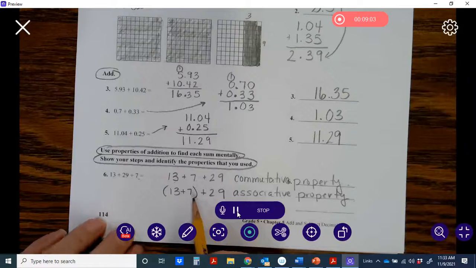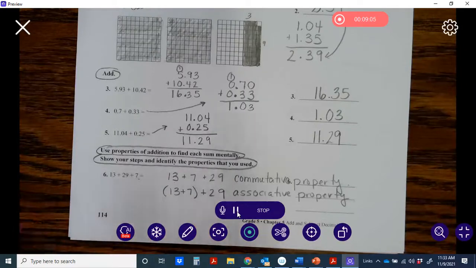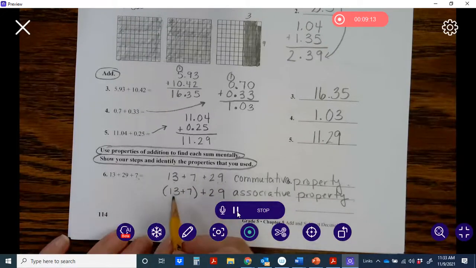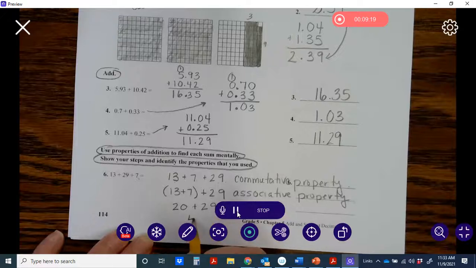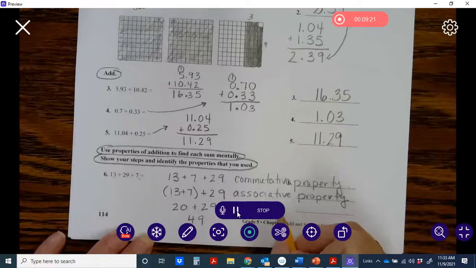The associative property is when we group add-ins together. Now, add-ins are the numbers that we add. So 13, 7, and 29 are called add-ins. So 13 plus 7 is 20, plus 29 equals 49. So my answer is 49.